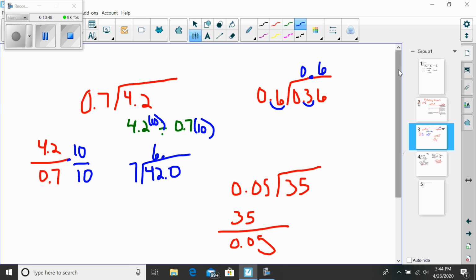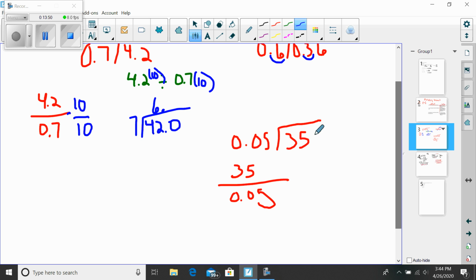Now, one of the mistakes that students often make is they'll say, oh, I moved the decimal 2 places, so do I have to move it back at the end? Usually when students get this wrong, they think they have to move the decimal back at the end. I don't do that because I have created an equivalent problem.